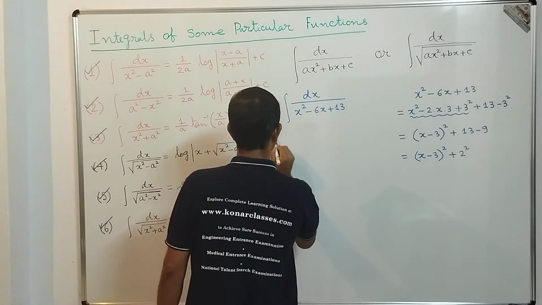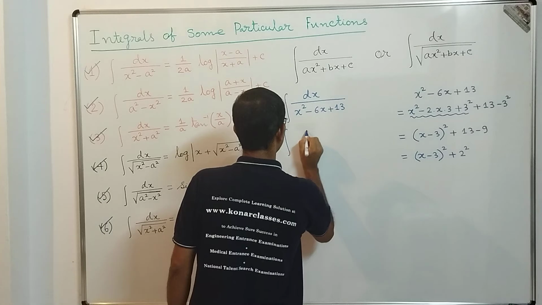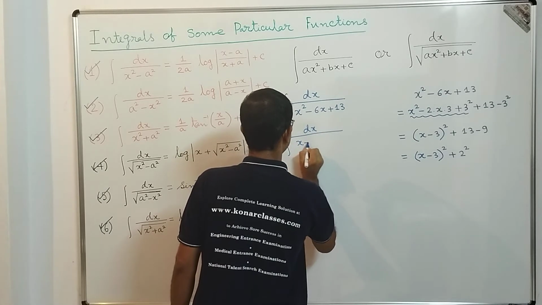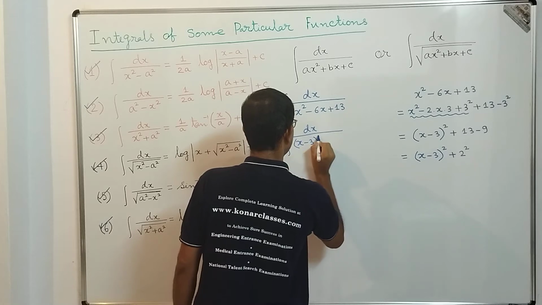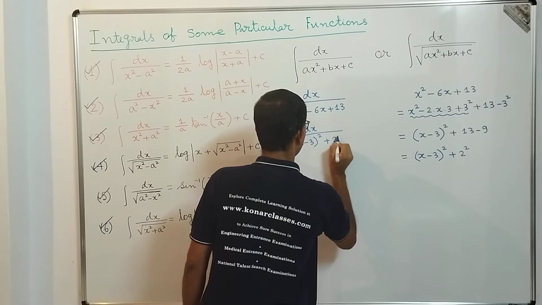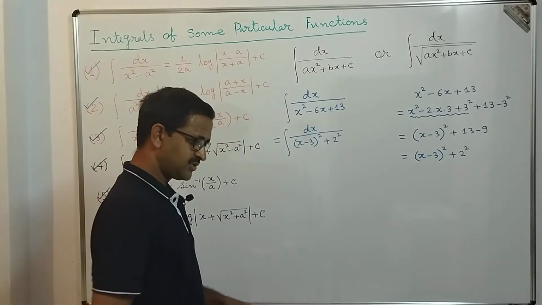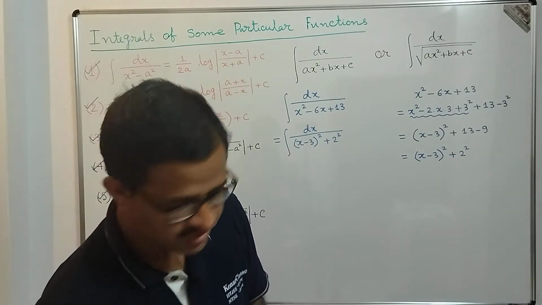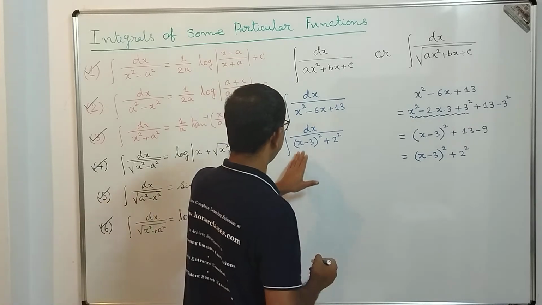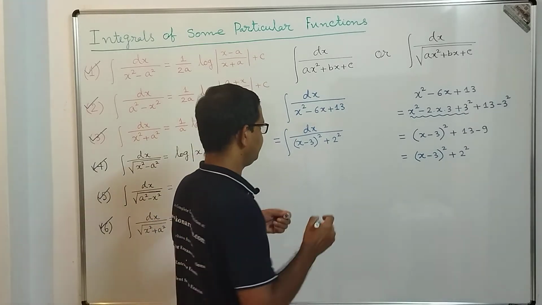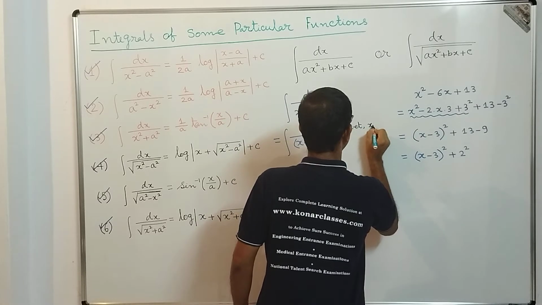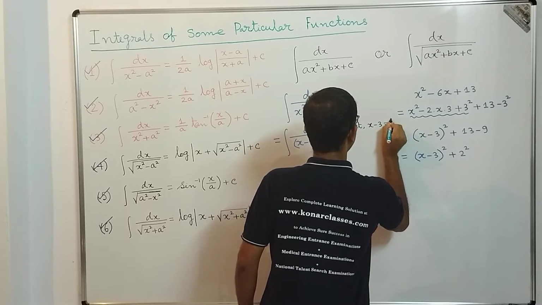So this expression now comes as integration dx by x minus 3 whole square plus 2 square. Now dear students, you need to make a substitution. What is the substitution you can think of? We can make the substitution x minus 3 is equal to t. So we assume let x minus 3 is equal to t.